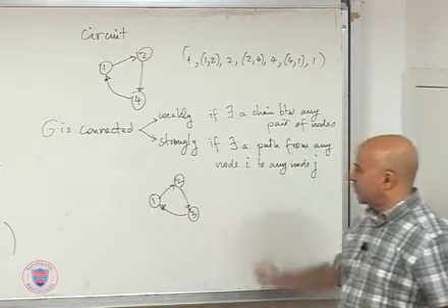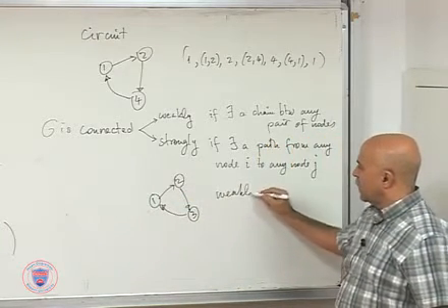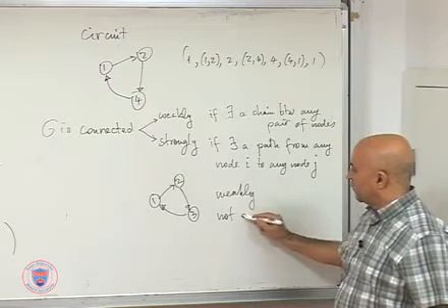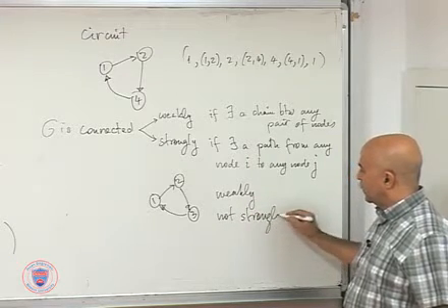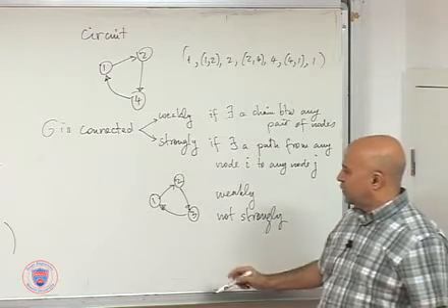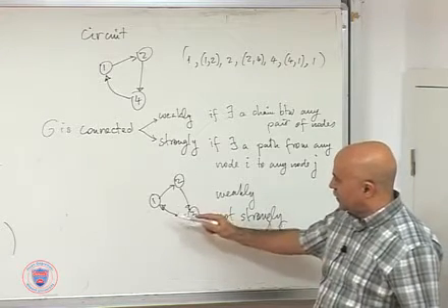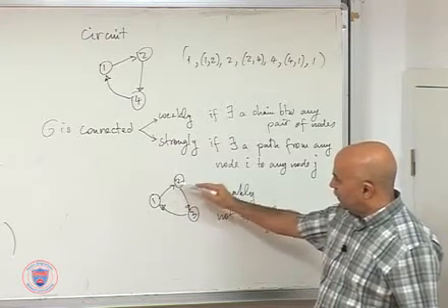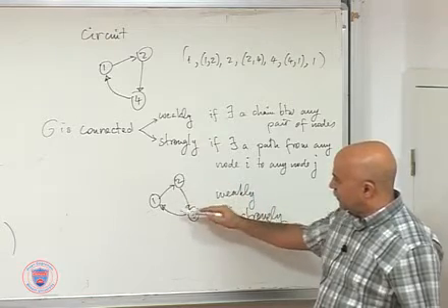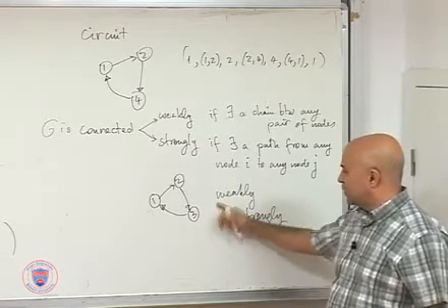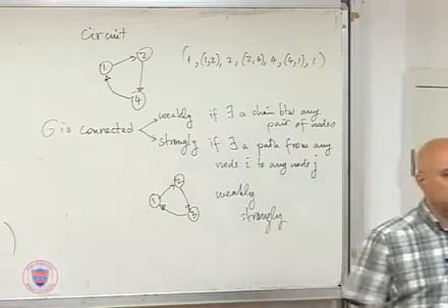This graph is weakly connected, but not strongly. Why? Because, for example, or is it also strongly connected? Actually, yes. I have a path from 1 to 2, then to 3. Yeah, it's also strongly connected. Yes, sorry.